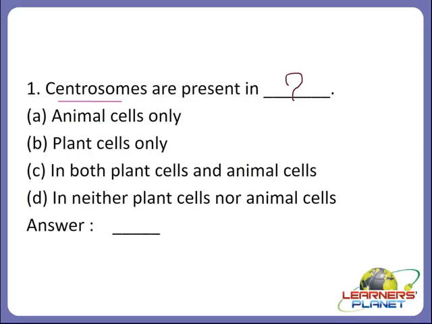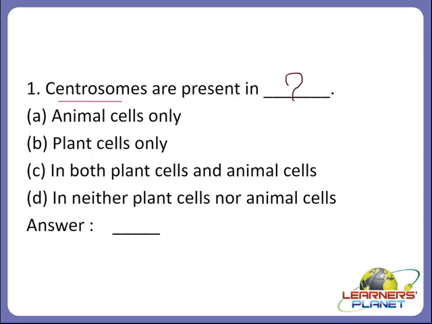If you are simply writing here cells, then it's fine, but here out of these particular options we have to choose the correct answer. So centrosomes, first of all you must know that they have a function of spindle formation during cell division. So this spindle formation is generally taking place inside the animal cells.